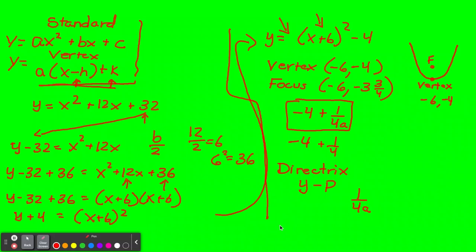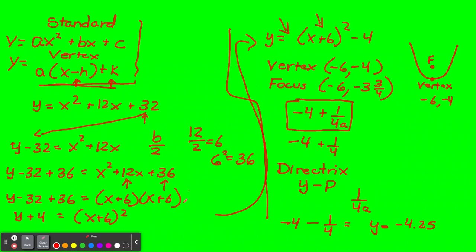So it's going to be negative 4 minus 1/4a. And a is 1, so it's just 1/4. What do you get? And if you did that, you'll get negative 4.25. So y equals negative 4.25. It's below the vertex.